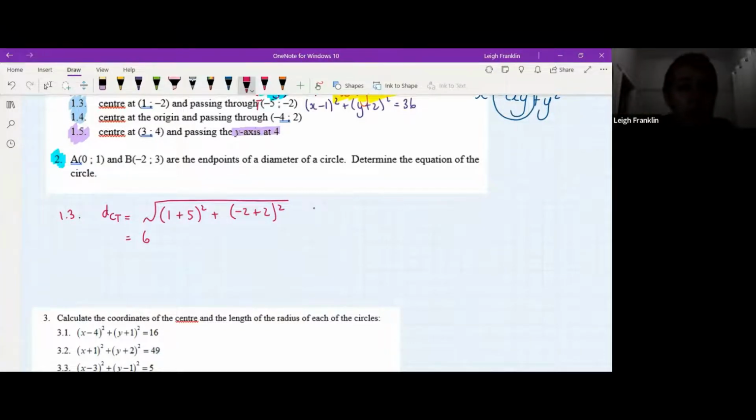So then, Raul, I said the coordinates at the center are 1 and -2, so I'm going to say (x - 1)² + (y - -2)², so that's (y + 2)² is equal to 6². Remember, it's r squared. So this distance CT is in fact r, and that's where I got the 36 from. Okay, thank you, ma'am. Pleasure, no problem.